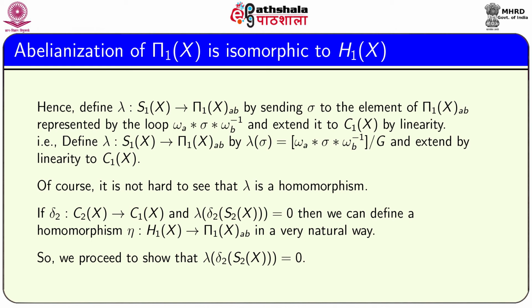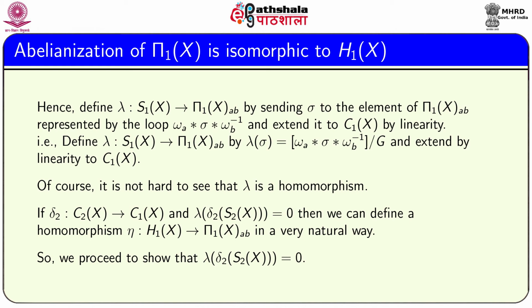If ∂2 is the boundary homomorphism from C2(X) to C1(X) and λ of ∂2 of S2(X) is equal to 0, then we can define a homomorphism η from H1(X) to the Abelianization of π1(X) in a very natural way.